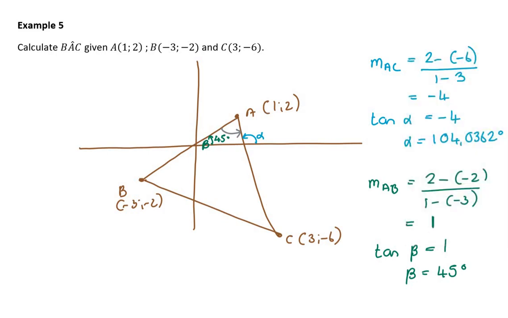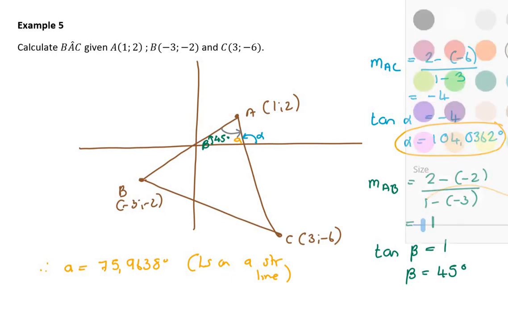Or if I wanted to, I could do my adjacent angles on a straight line. So I could say A would be 180 minus this 104.0362. So I could get 75,9638, and that would be angles on a straight line. So that was 180 minus that.